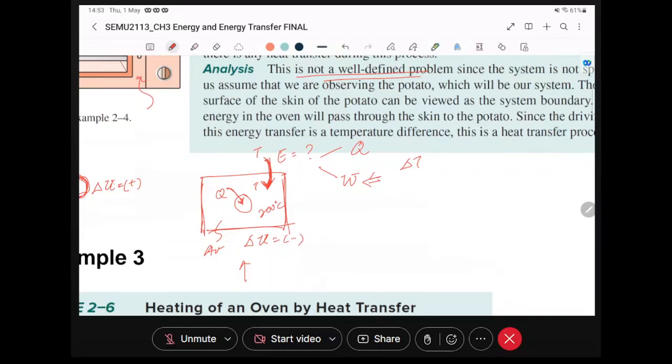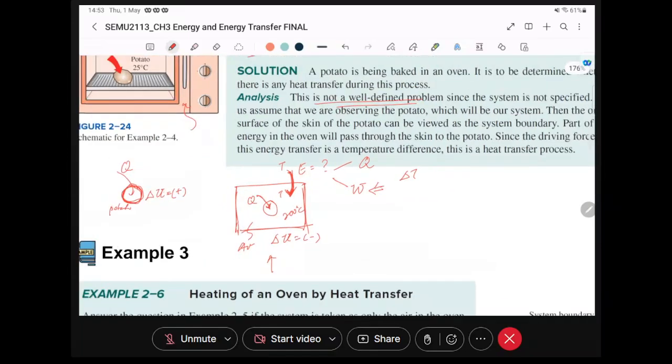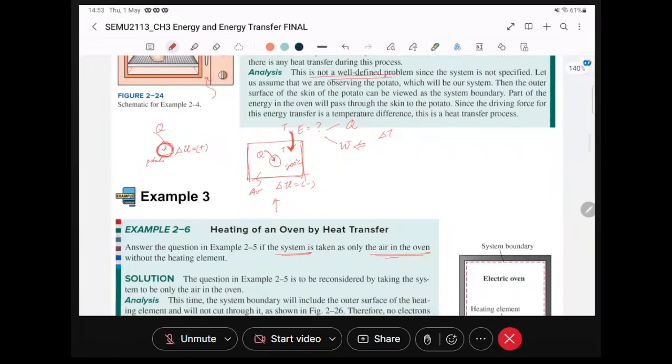Okay, it might be confusing to look at this way, but now if I draw the same potato inside a pot, now I'm burning gas to boil. The same process, I'm still cooking the potato. Q goes in. So now I'm looking at the water.